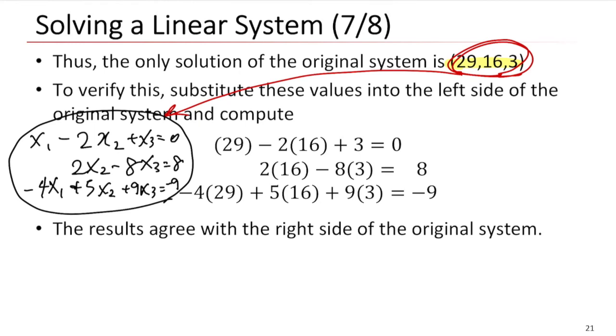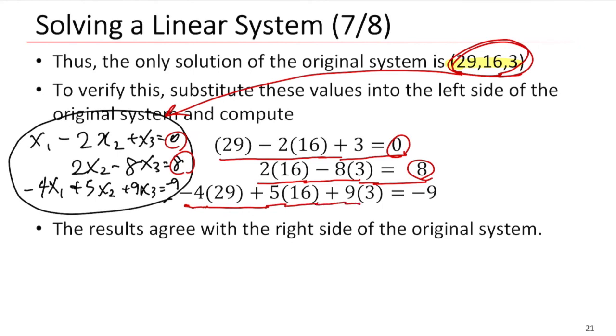Then 29 minus 2 times 16 plus 3 is equal to 0, right? And 2 times 16 minus 8 times 3 is equal to 8, the same as the right hand side. And minus 4 times 29 plus 5 times 16 plus 9 times 3 is going to be equal to negative 9, so it is the same, right?